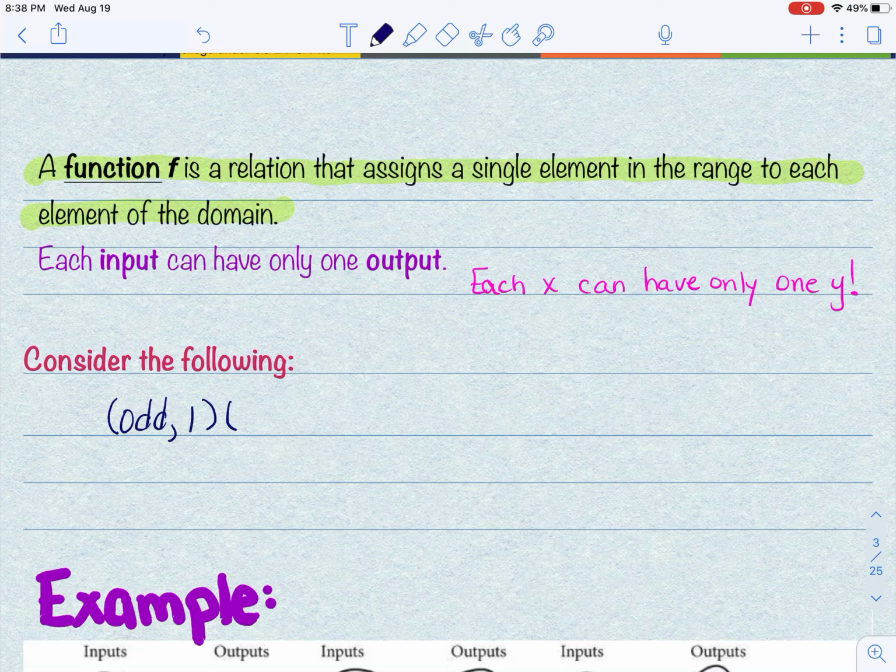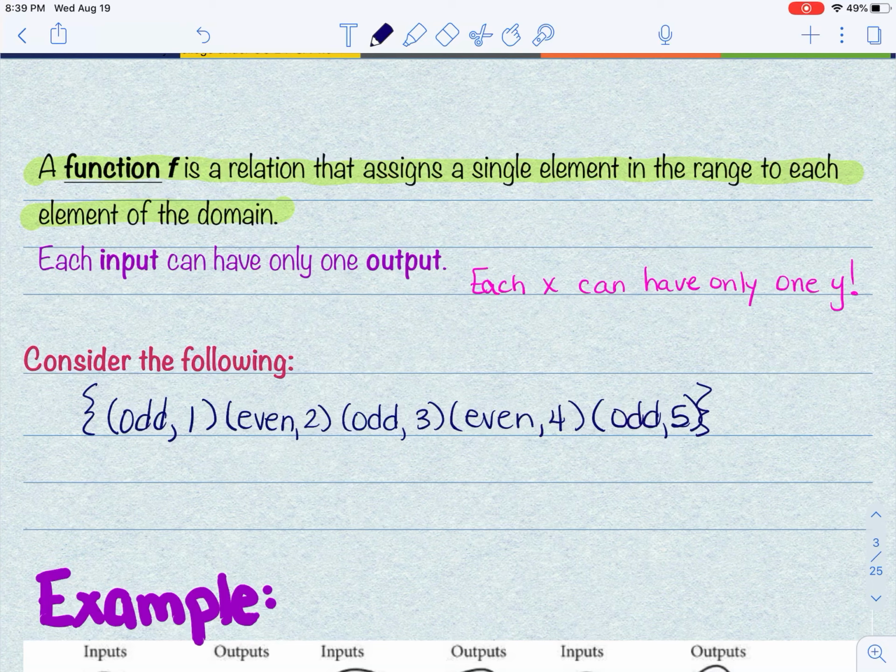So odd, 1, even, 2, and then the next one would be odd, 3, and the next one would be even, 4, and the last one would be odd, 5, and this is our relation.